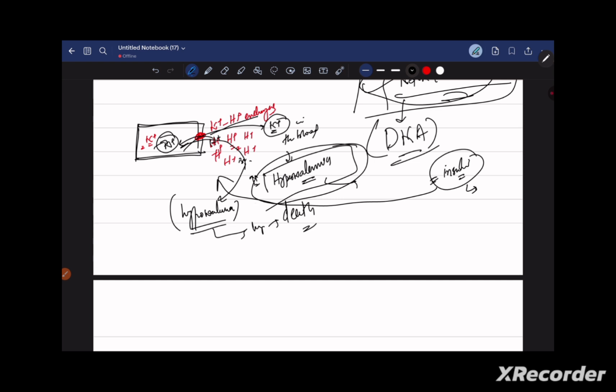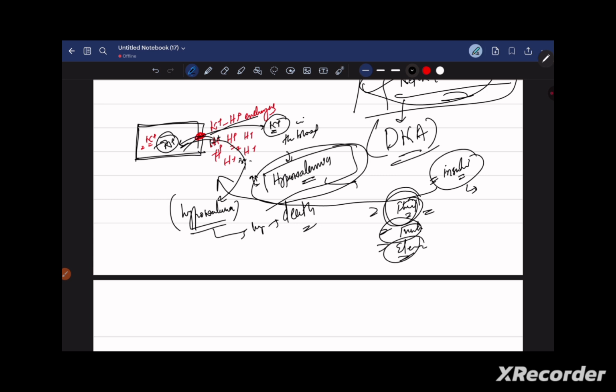So when you are going to treat a patient of DKA, never give a high and rapid dose of insulin. First give fluid resuscitation, stabilize the animal, then give the insulin, and then maintain the electrolyte balance. This you have to remember.